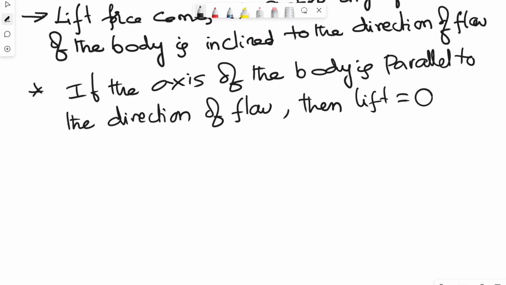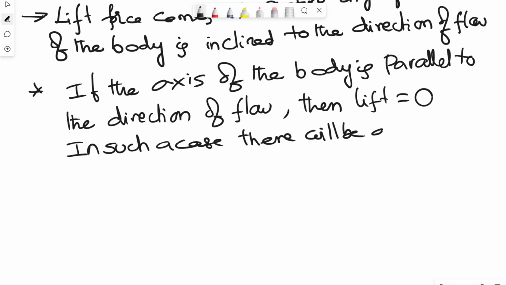Only if the body is inclined, there will be lift. If it is horizontal, parallel to the direction of flow, then lift is equal to 0. In such a case, there will be only drag force.